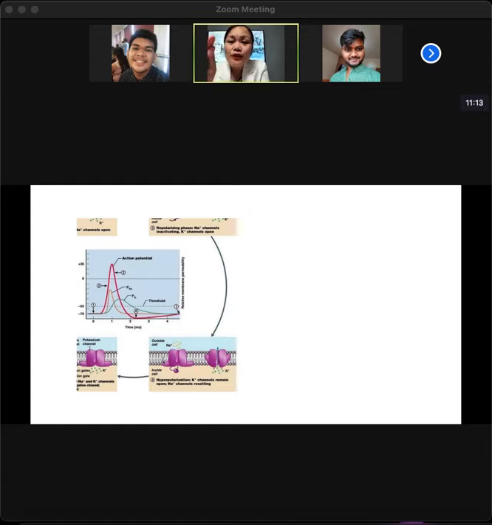You have your phase 1, then phase 2, phase 3, phase 4. So you will have an influx and efflux of your sodium and potassium. And then if you have the exchange of those electrolytes, then you will have an action potential and depolarization will take place. If you prevent any of the entry of those electrolytes, especially the sodium, then you will have no action potential and you will have no depolarization that would take place.